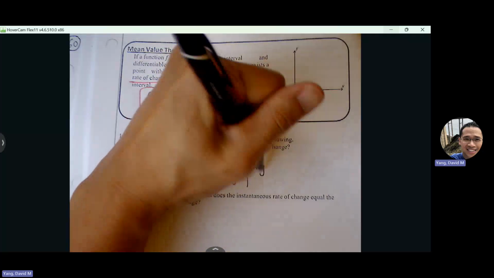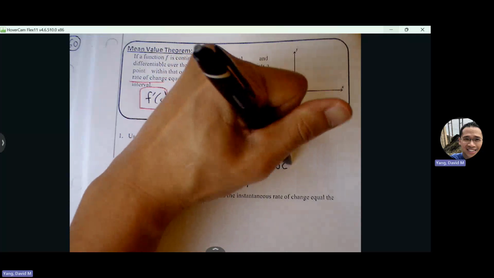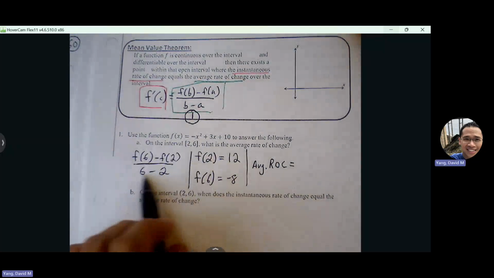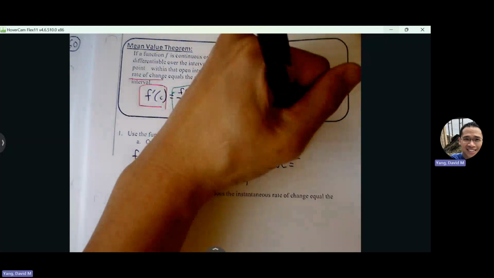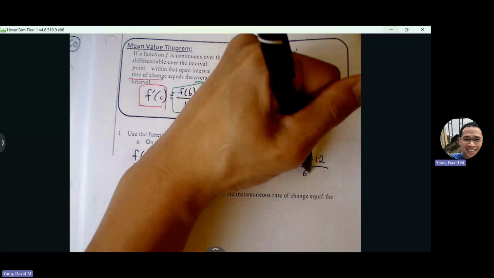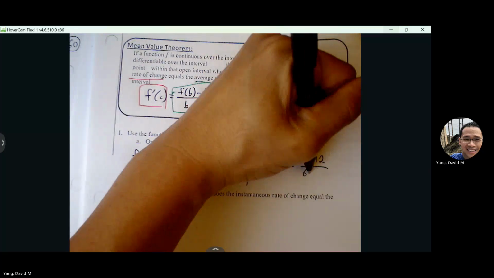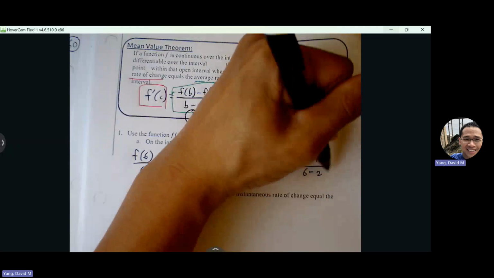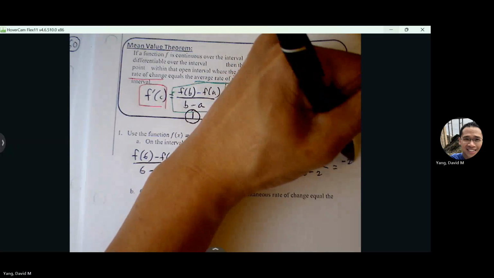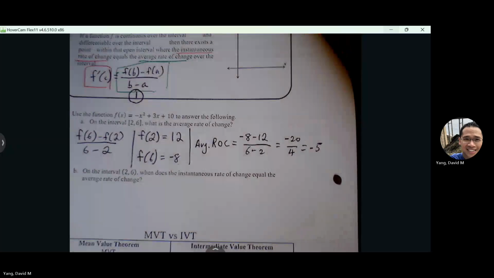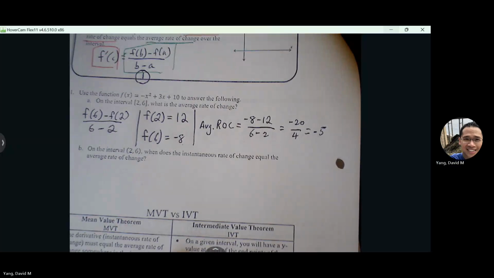So my average rate of change, I'm going to use this abbreviation. It's just the change in y over the change in x, right? Just simply slope. -8 minus 12 over 6 minus 2 equals -5.